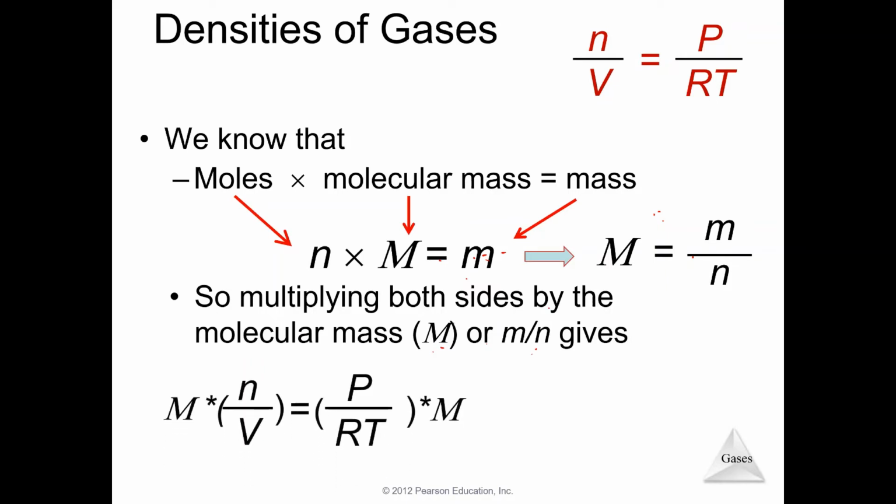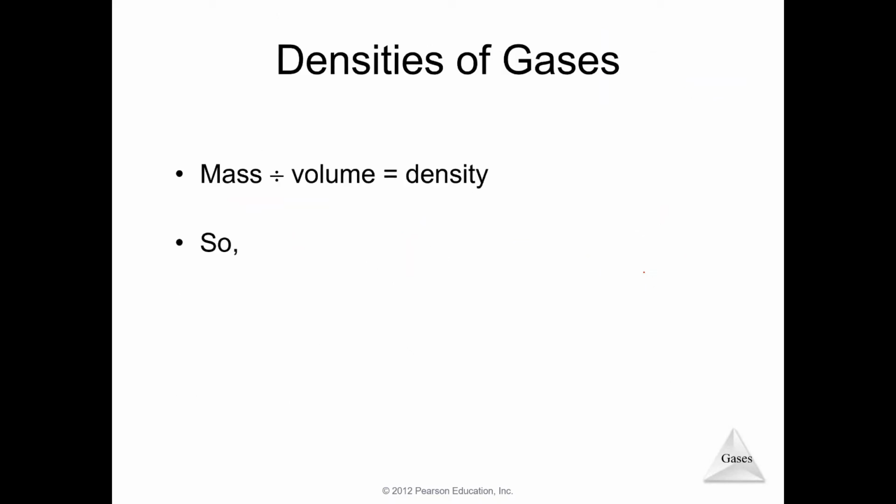And that's what we get, right? And if we get that, we can write it like this, because it's M over n. Multiply that, that's what you get. Once you get that, it can also be rearranged to write it like that.